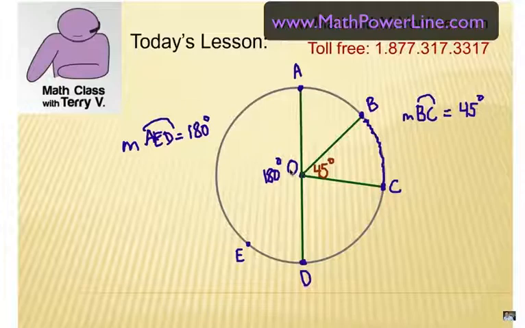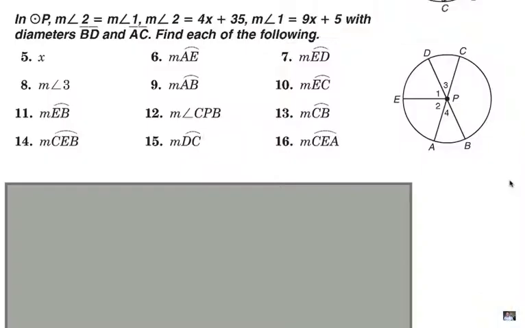Now, I want you to try 3 problems here. All right, let's look at this diagram, and in this video I'm going to be focusing on numbers 5, 6, and 7. Look for the next video, which will be 8, 9, and 10, just for practice. So we have a circle labeled P because its center point is P, and of course we have these 4 central angles. All right, so we know that in circle P, measure of angle 2 is the same as measure of angle 1.